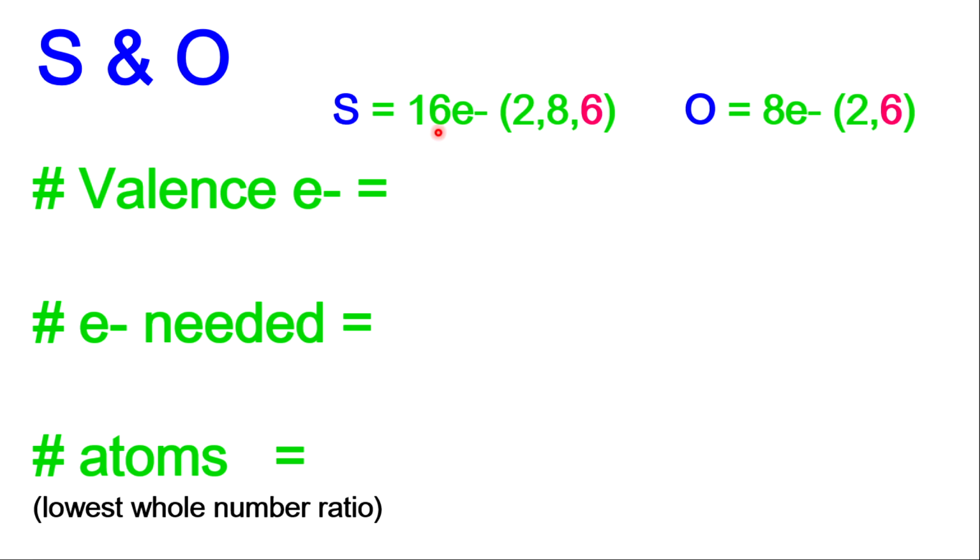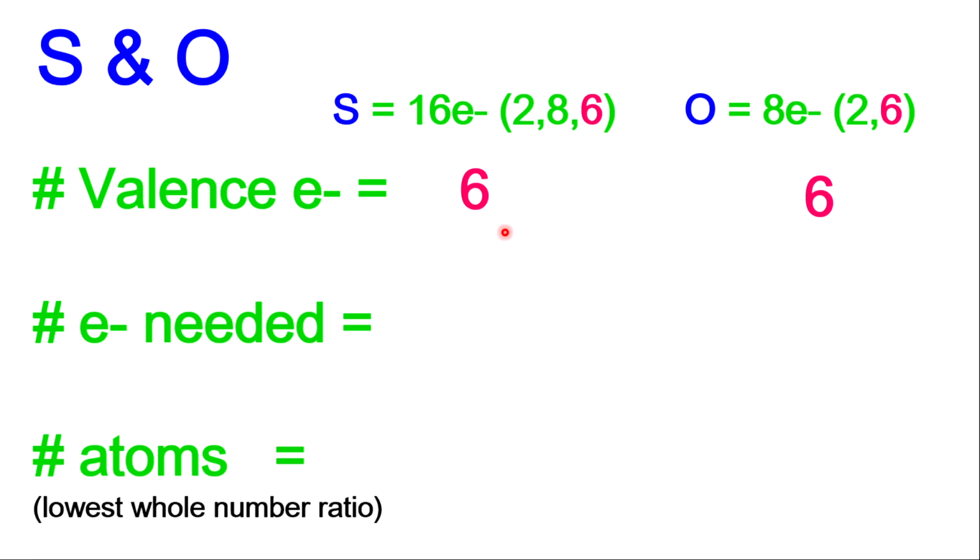Sulfur has 16 electrons, therefore the electron configuration is 2, 8, and 6. For oxygen, 8 electrons, electron configuration 2 and 6. Therefore, the valence electrons for sulfur is 6, and the valence electrons for oxygen is 6.